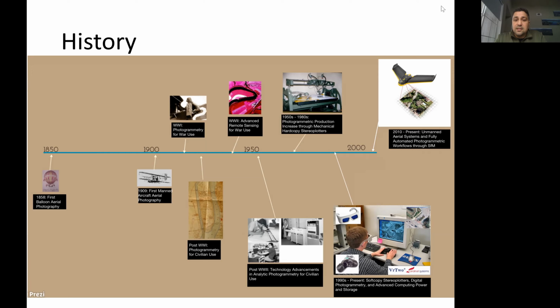In the 1900s is when the Wright brothers came up with planes, and so they started attaching cameras or sticking cameras out of planes to take pictures as well. And so Eureka, you have this discovery of aerial photography. Now, in World War I, you go, okay, how can this actually be used in a practical sense?